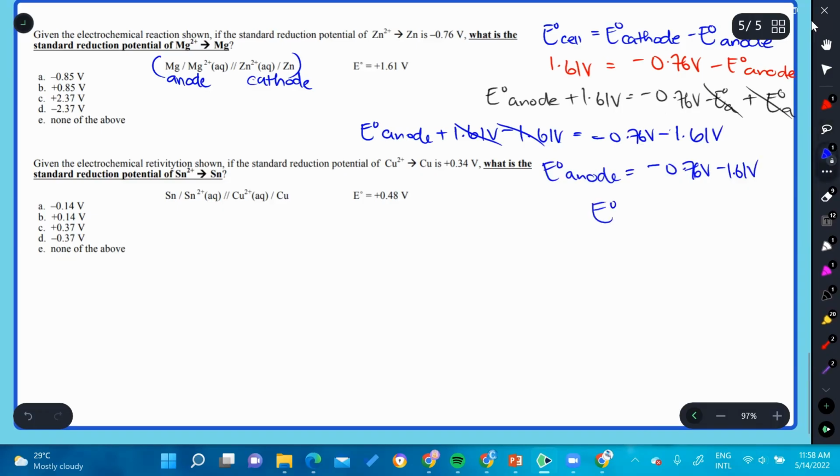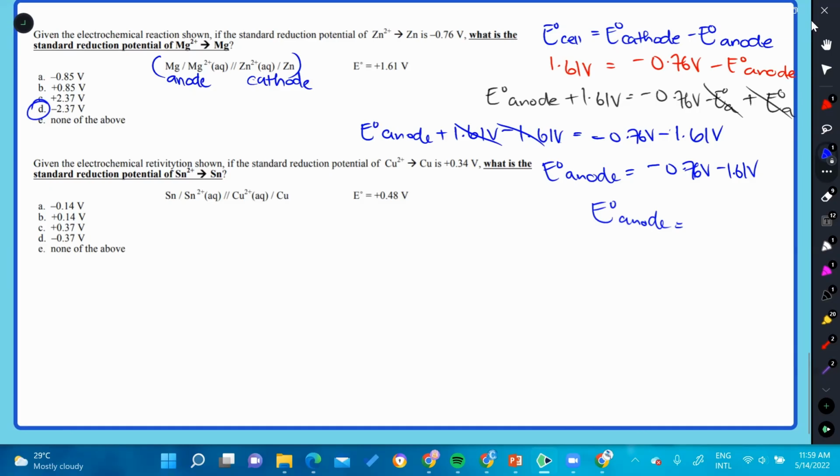Put this in the calculator. So the E naught of the anode is therefore equal to negative 0.76 minus 1.61, right? I got minus 2.37 volts. So this one. Nice.